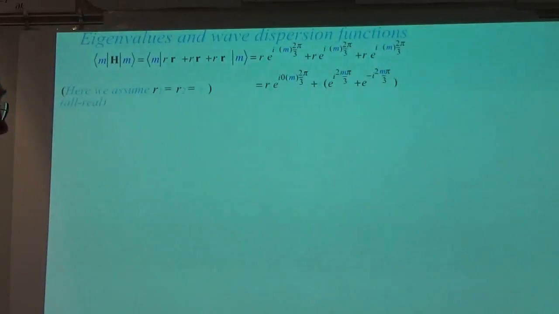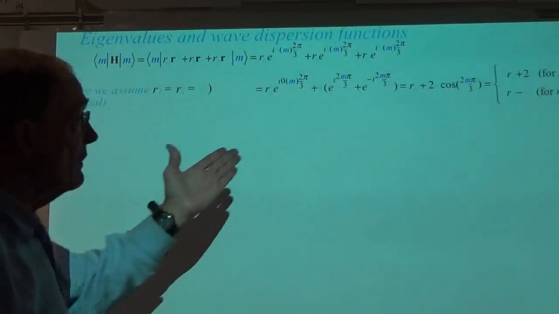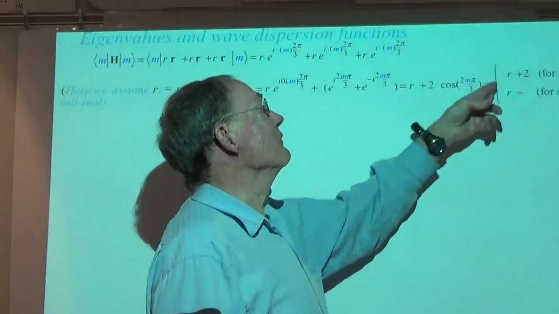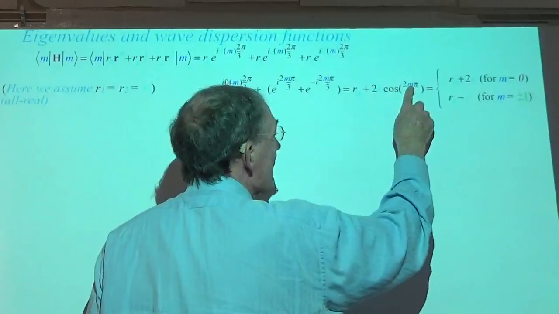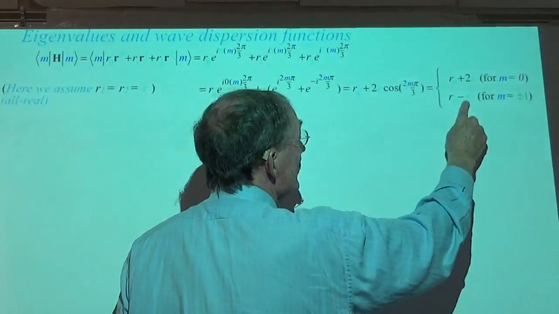All real Hamiltonian. This is the block Hamiltonian, the most elementary example of it. And this is the most elementary block dispersion function, but we only have 2 points to worry about. You can see that either m equal plus or minus 1 or 2 is going to give me the same number.